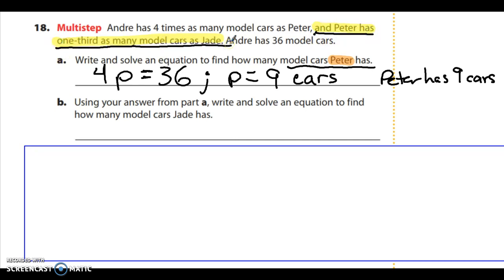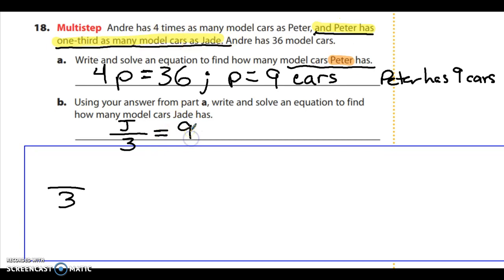Well, what does 1/3 mean? Hopefully by now, when you think of 1/3, you know that that means the same as divide by 3. So how many cars does Jade have? We don't know. So I'm going to put a J. But if you took that and divided it by 3, you would get how many cars Peter has. It says right here, Peter has 1/3 as many model cars as Jade.